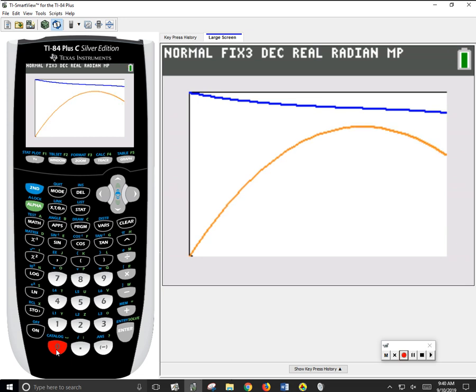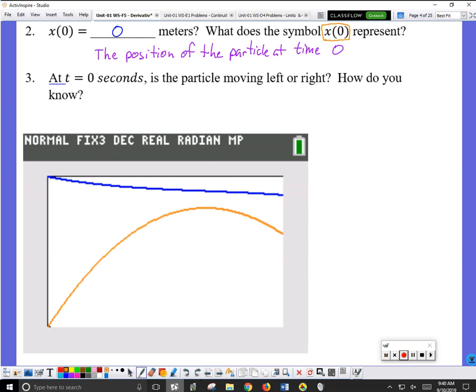So back here, once again, the idea is not just to copy or memorize, the idea is to make sense of it. At time equals 0, that's this moment right here. There are two ways to determine that the particle is moving left or right. Here are the two methods. Look at your position values.